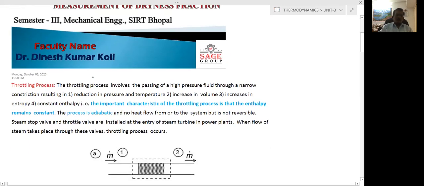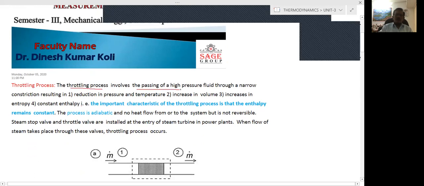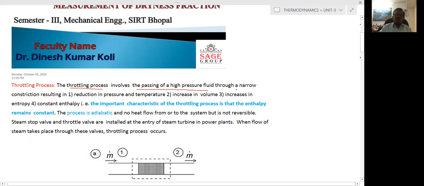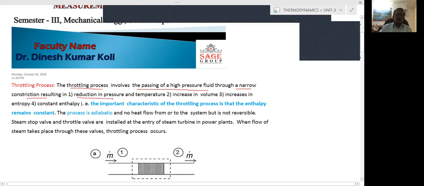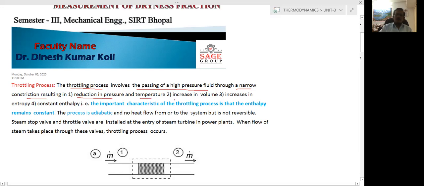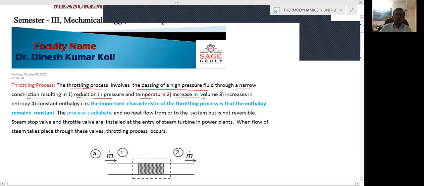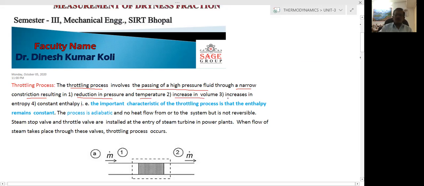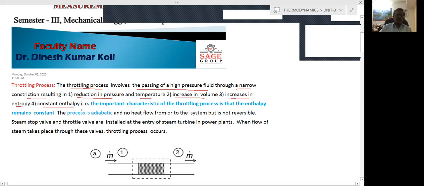This process involves the passing of a high pressure fluid through a narrow constriction, and that results in, number one, reduction in pressure and temperature; number two, increase in volume; third, increase in entropy; fourth, constant enthalpy.